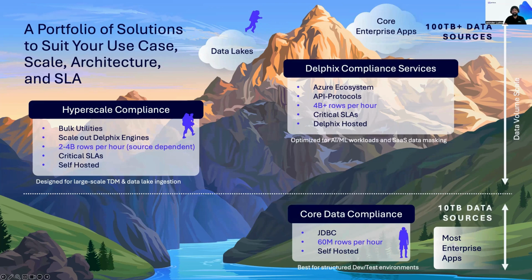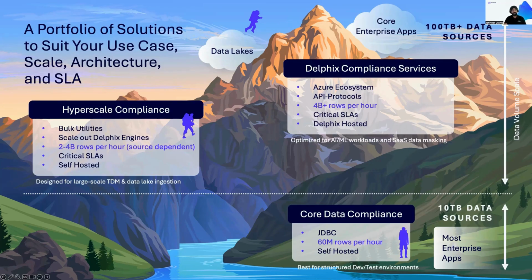They're typically structured, JDBC based, and sub 10 terabyte in scale. For these, Core Data Compliance is your go-to. It's fast, supporting up to 60 million rows per hour. It's self-hosted, and it's designed to fit naturally into your dev test workflows. Think of it like your day pack and hiking boots: reliable, efficient, and just right for the elevation.